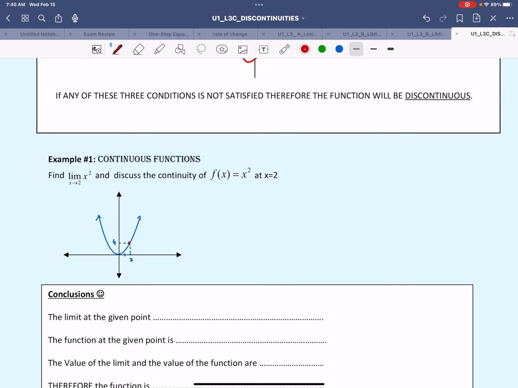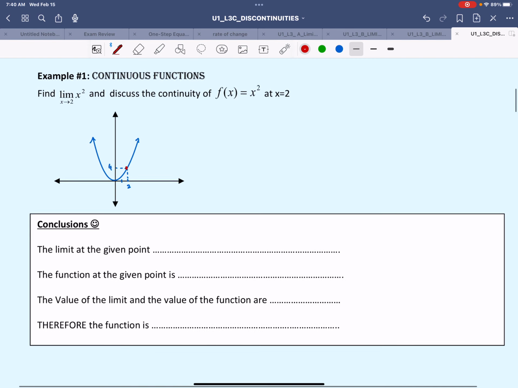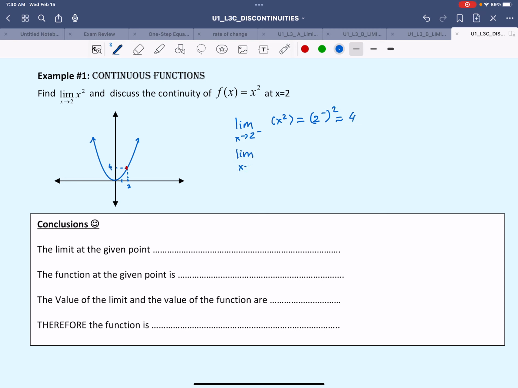So first, let's discuss the limit. We're going to say that the limit as x approaches 2 from the left-hand side of x squared is equal to 2 from the left-hand side squared, about 4. The limit as x approaches 2 from the right-hand side of x squared would equal 2 from the right-hand side squared, equals about 4.